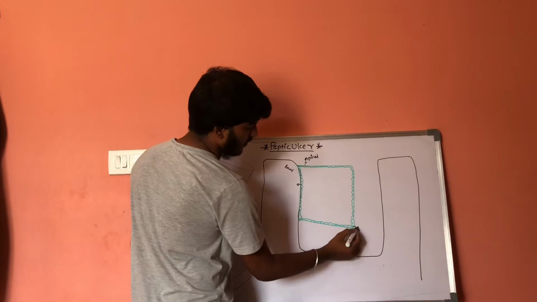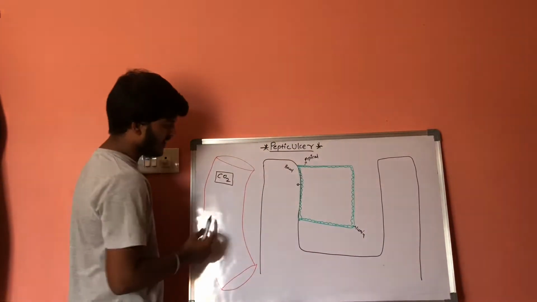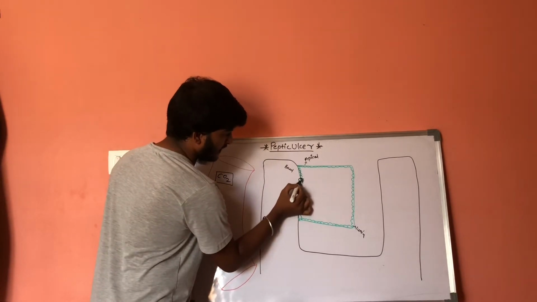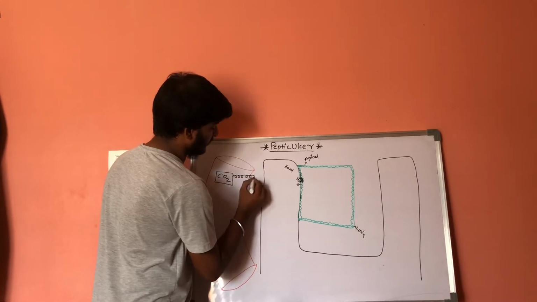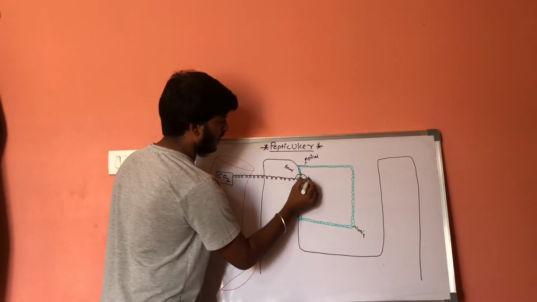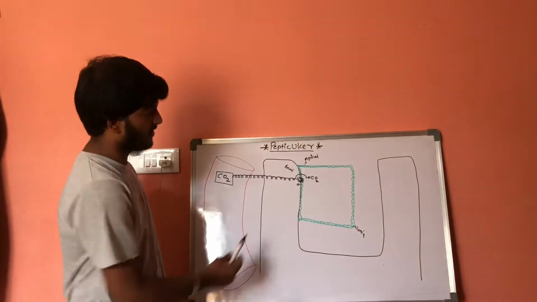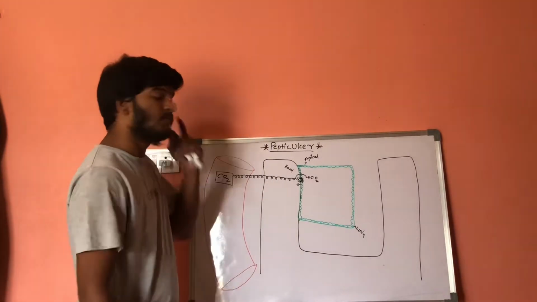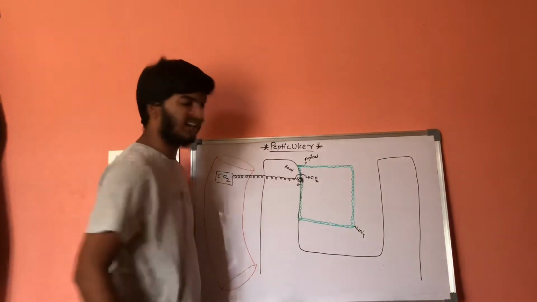Now this carbon dioxide has special transporters. Carbon dioxide will directly enter into this apical membrane through carbon dioxide transporters. Whenever this carbon dioxide has entered, it will settle inside this parietal cell.